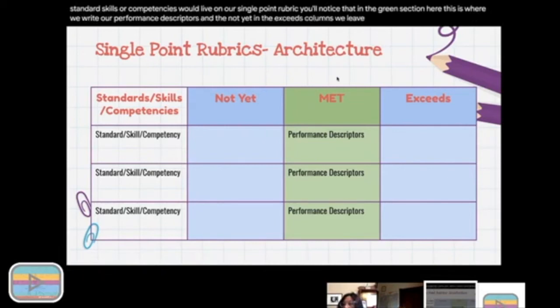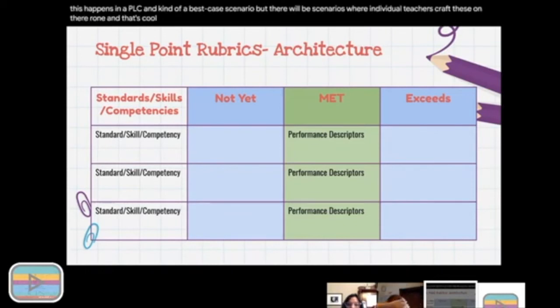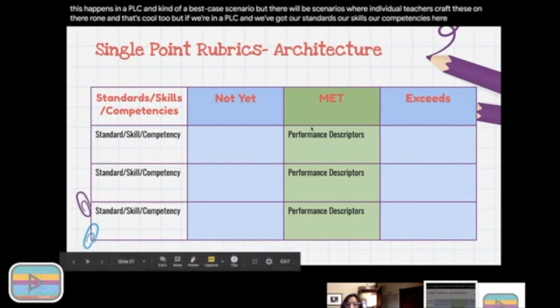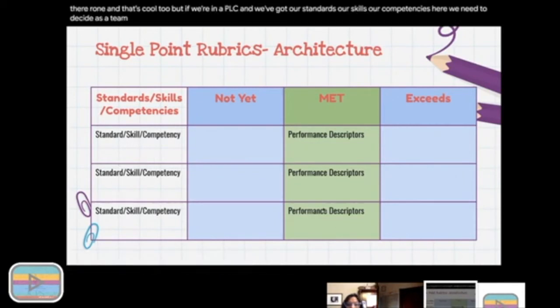So if we're in a PLC, and this happens in a PLC in kind of a best case scenario, but there will be scenarios where individual teachers craft these on their own, and that's cool too. But if we're in a PLC and we've got our standards, our skills, or our competencies here, we need to decide as a team, what do these look like?